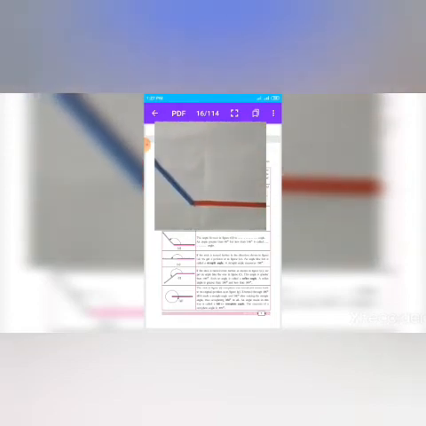The angle formed in figure D is obtuse angle. An angle greater than 90 degree but less than 180 degree is called obtuse angle.